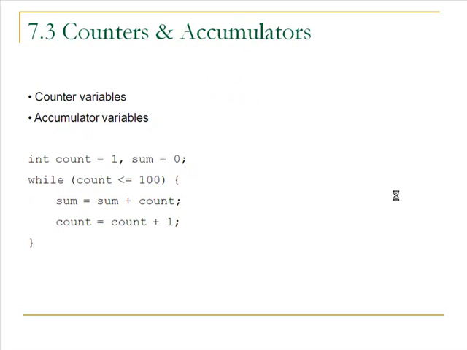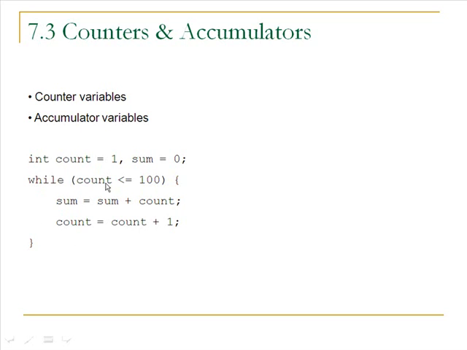Okay, we've already talked about counters and accumulators kind of as an aside, but a counter variable is an integer variable that will increase in steps of 1. So in this loop where we actually solve the problem of adding up the numbers from 1 to 100, we start out with a counter variable 1 and we add 1 to it up to less than or equal to 100.